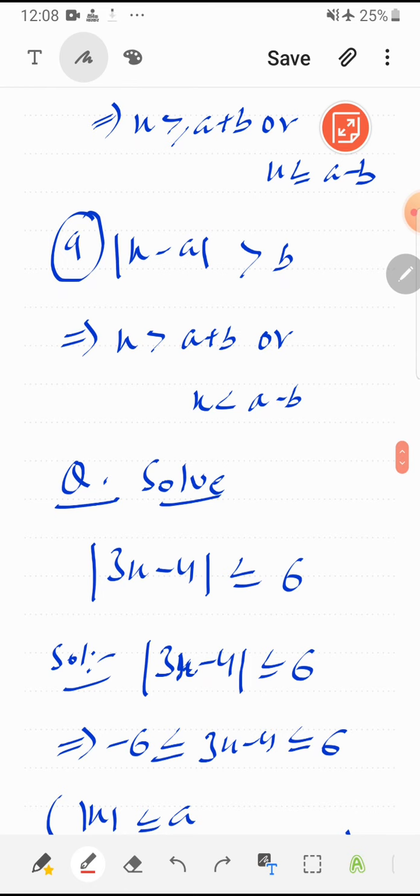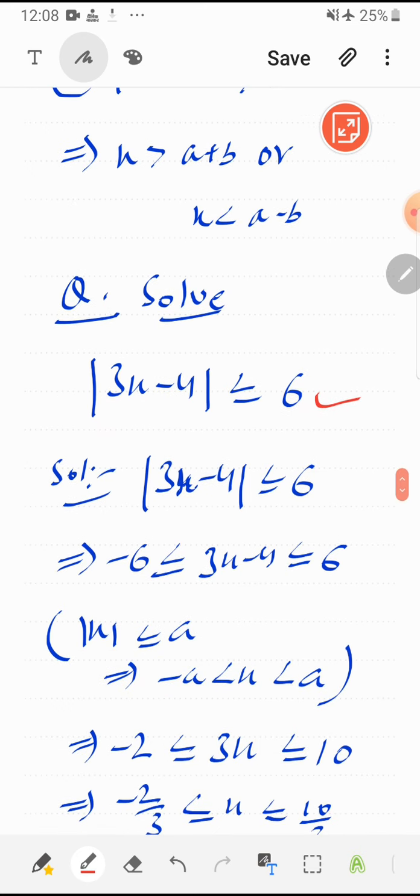So let us start 1 or 2 illustrations to understand what kind of properties these are and how they are applied. So solve mod of 3x minus 4 less than or equal to 6. So here, as this is less than or equal to 6, due to the first property, mod x less than or equal to a, so minus a less than or equal to x less than or equal to a, I have applied this property to get this result.